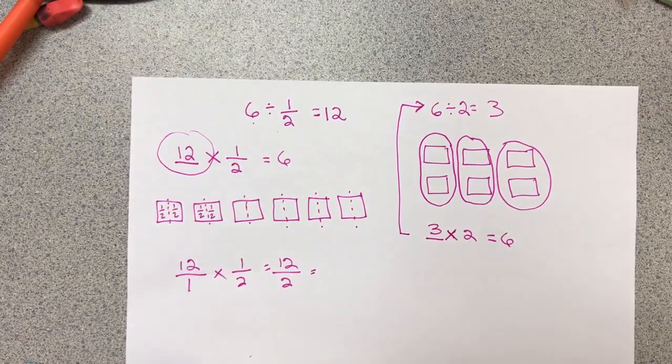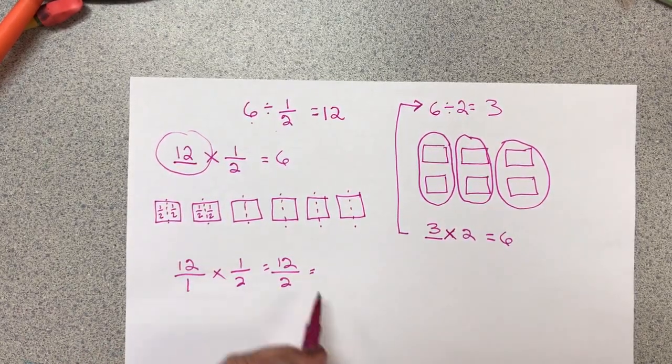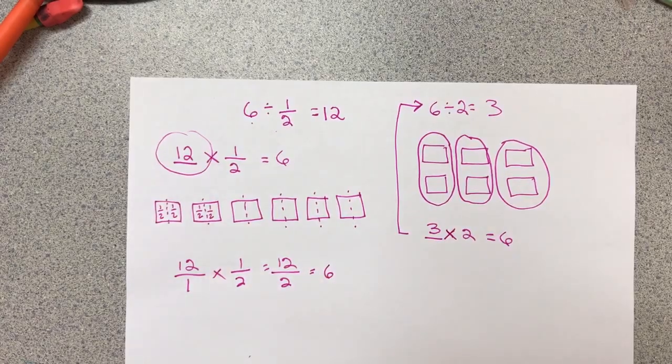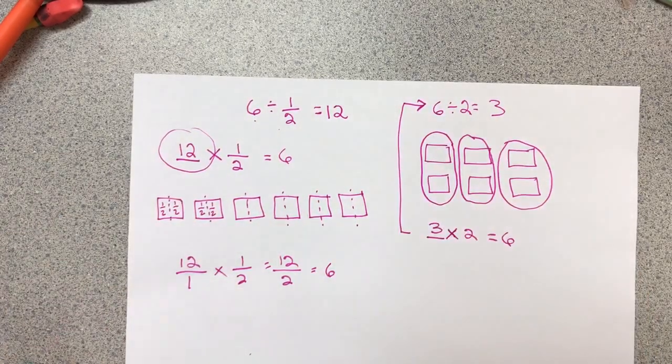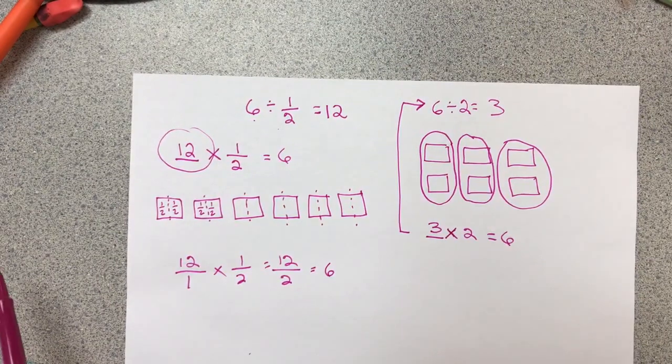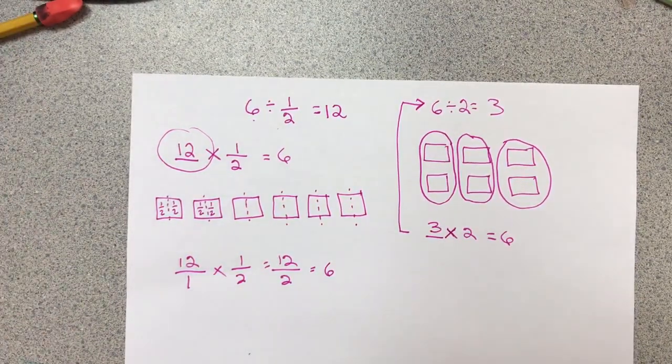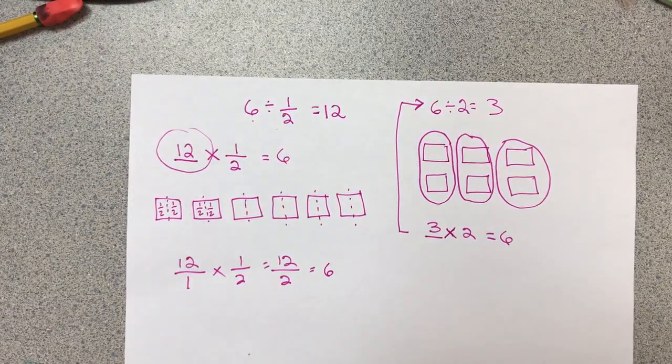And if we flip that to make a mixed number, your answer would be 6. So hopefully you're seeing how multiplication and division are very similar. They're opposites of one another, and you can use what you know about multiplication to help you with division.